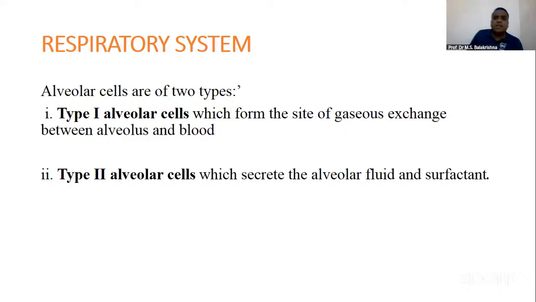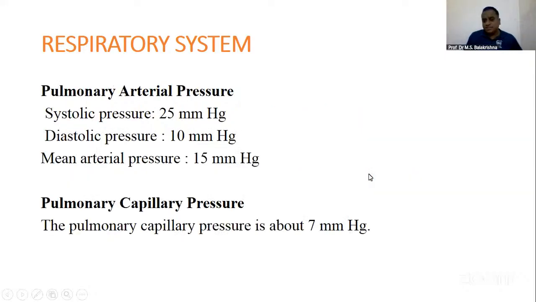Type 2 alveolar cells secrete the alveolar fluid and surfactant. Very, very important. Type 2 cells produce some magical fluid called surfactant. What is surfactant? We should know that. Please understand, surfactant is from type 2 alveolar cells. We will come back to that in a short while.